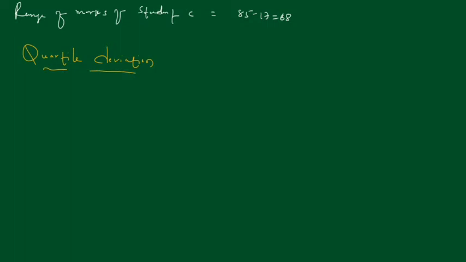Let's see the quartile deviation, where QD is the interquartile range. As we have not studied quartile in earlier classes, we don't discuss this measure of dispersion.